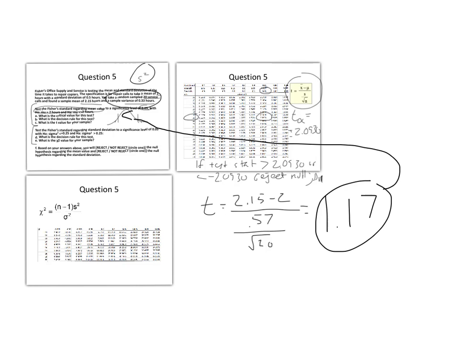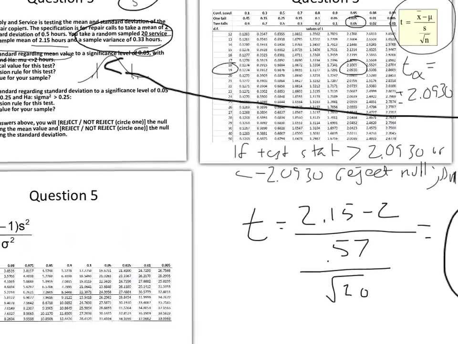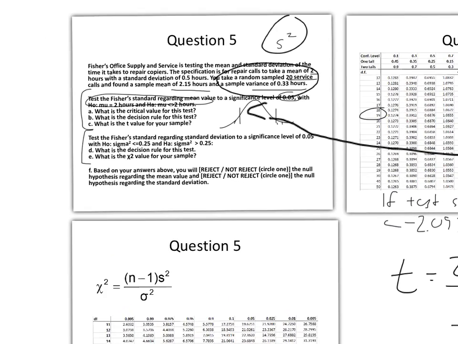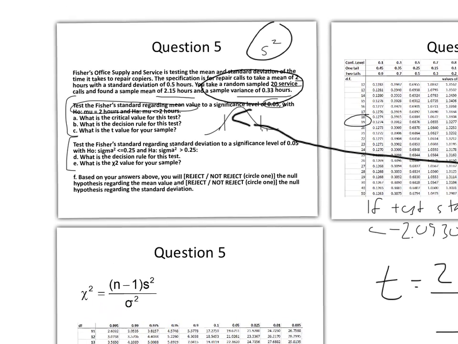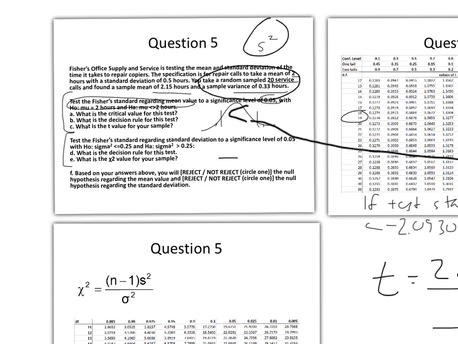So therefore we would not reject the null. So that's the first part of our test. In fact, we can even look at the last part of the question, where we reject or do not reject the null hypothesis regarding the mean. We already know, as a result of our test, we will not reject that.